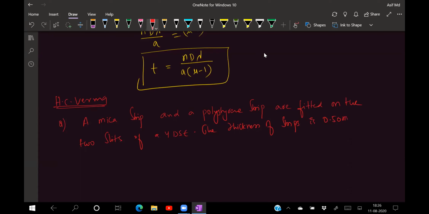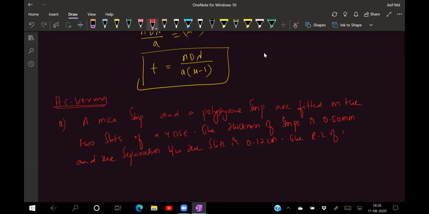The thickness of the strips is 0.50 mm and the separation between the slits is 0.12 centimeters. It's only a calculation-based question, beta.